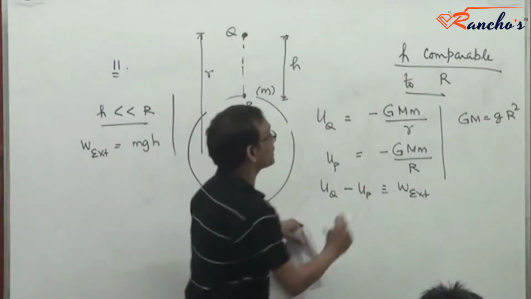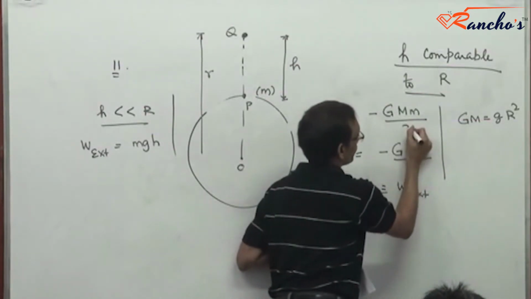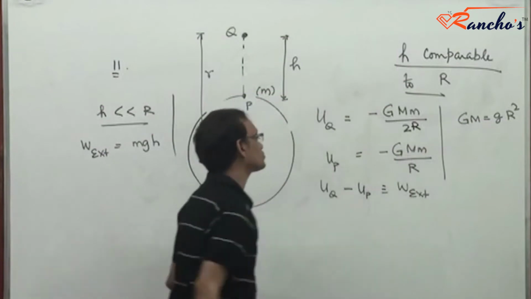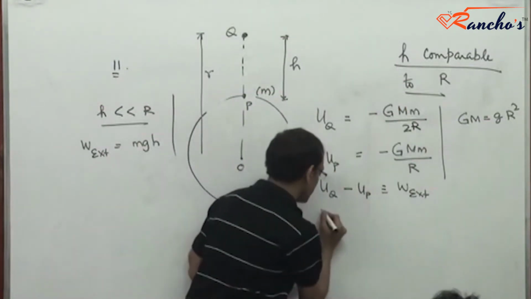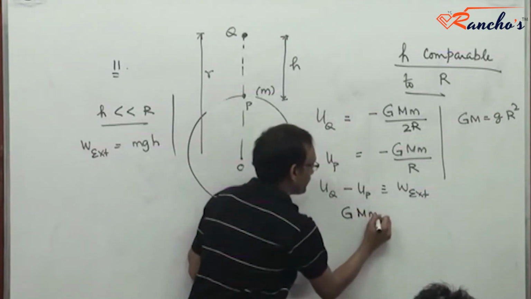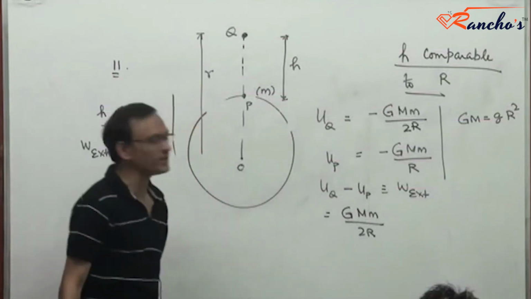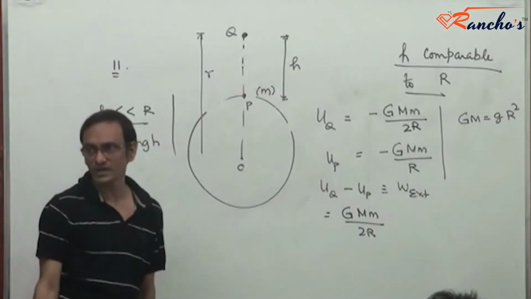If h is equal to R, that means if this small r is 2R, then very clearly the UQ minus UP is going to be GMm by 2R, yes or no.